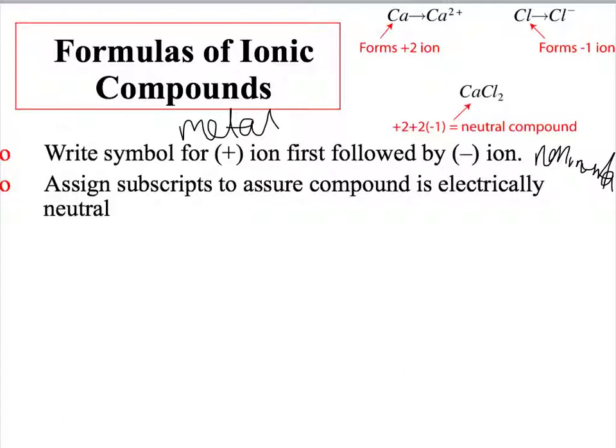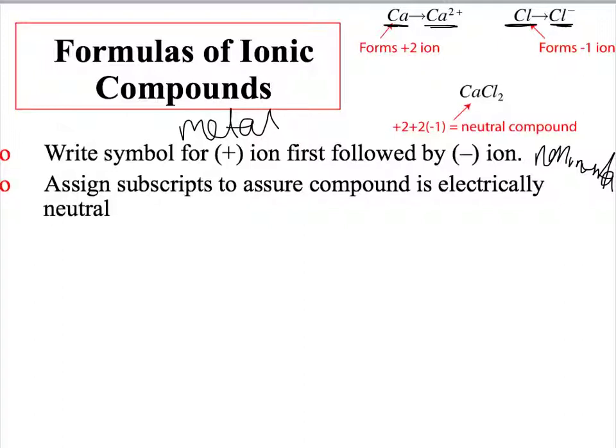Then you're going to assign subscripts to make sure the compound is electrically neutral, which means you're going to have to cancel out the charges. So here's an example. We have calcium, which is the positive ion. It has a +2 charge, so you just write it with that superscript +2. It's going to combine with chlorine, which has a -1 charge. Remember, you don't have to write the 1, just the negative.